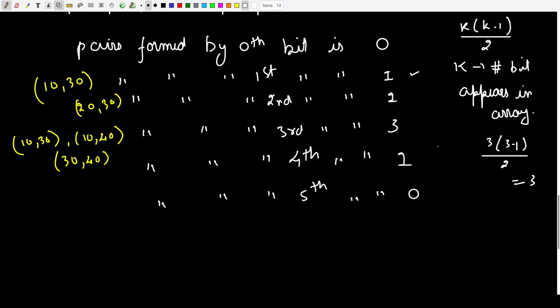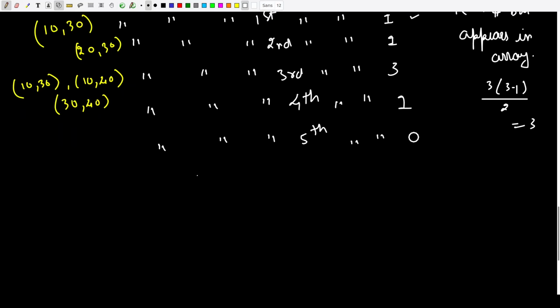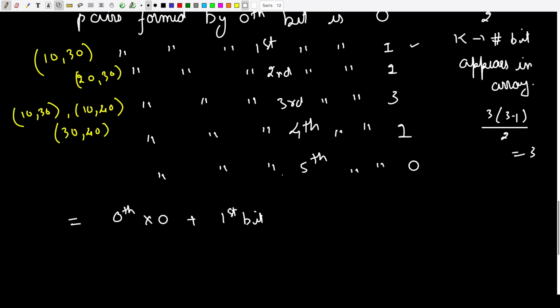So let us see how we can compute that. The first thing we understand is that for the 0th bit, the number of pairs is 0, so this is simply 0. The first bit, the number of pairs is 1, so this will be this.